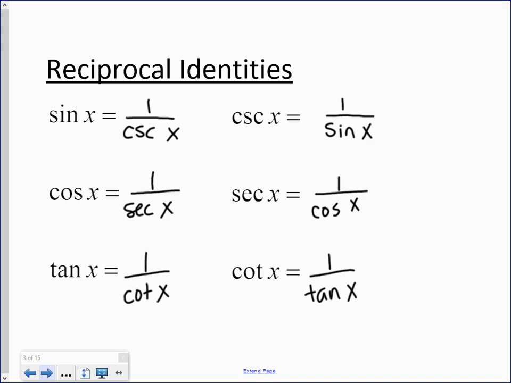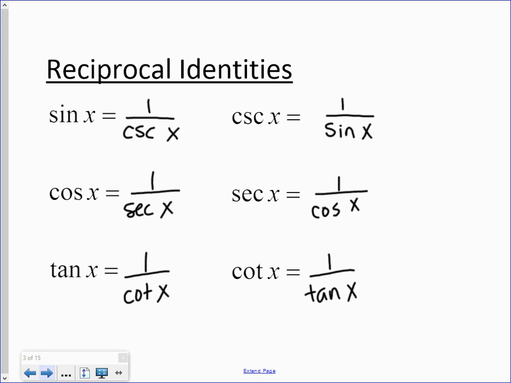Now, I would guess a lot of us prefer, if possible, to work in terms of sine, cosine, tangent as compared to those reciprocal functions. So we're probably going to use more of the second column ones, but there will be times when we're working on a problem, and if your problem finishes with something like 1 divided by cotangent, then you would really want to simplify that one step further and just call it tangent, because that's easier than a reciprocal. Okay, so you might use all 6 of those reciprocal functions.